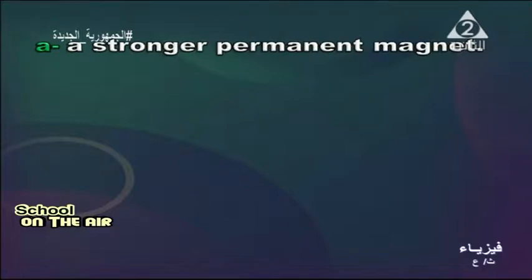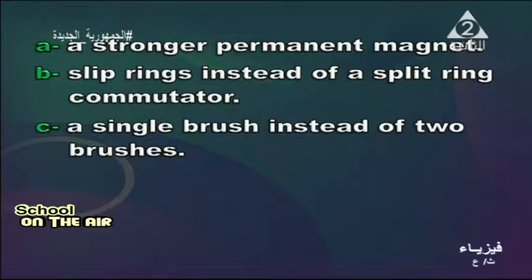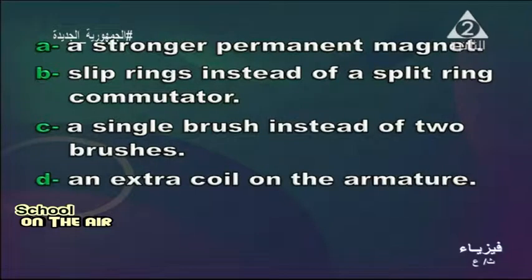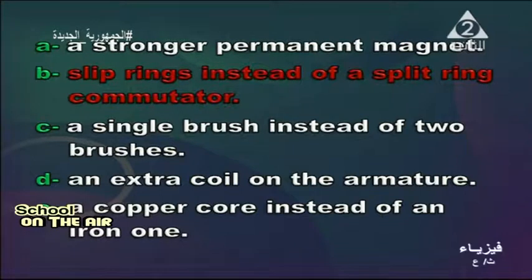Stronger permanent magnet, slip rings instead of a split ring commutator, a single brush instead of two brushes, an extra coil on the armature. Of course it is B: slip rings instead of a split ring commutator. A copper core, we would never use. Extra coil, these are nonsense. So the right answer is slip rings instead of a split ring, to convert DC to AC.